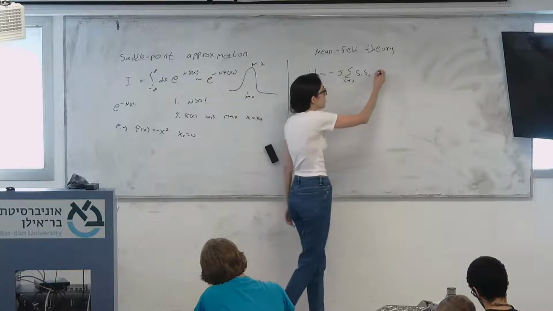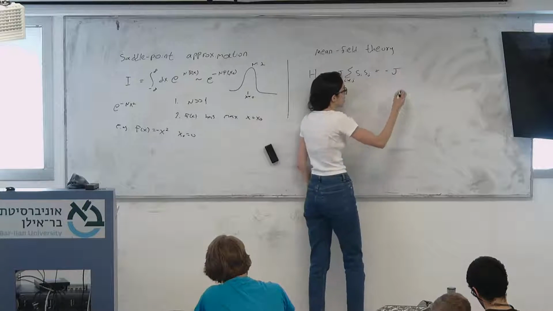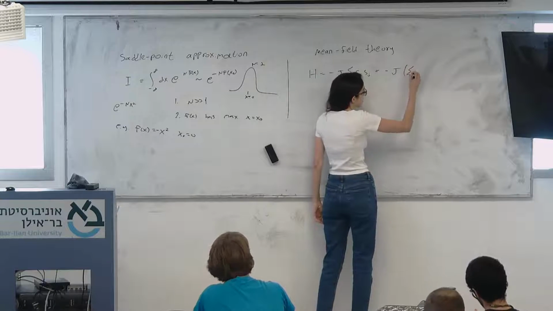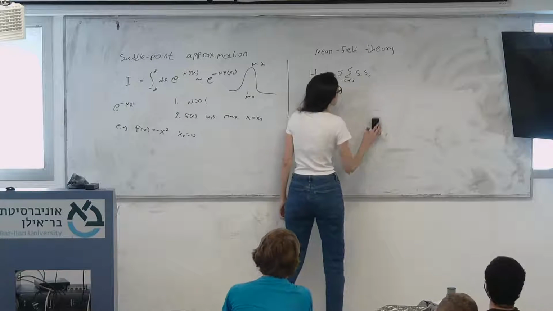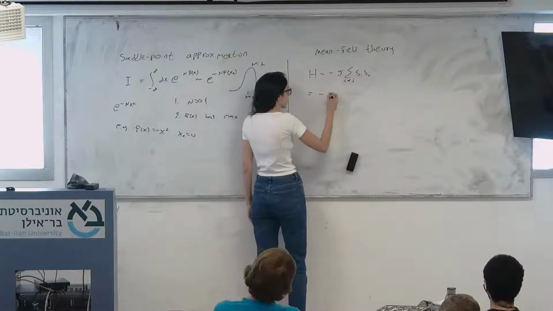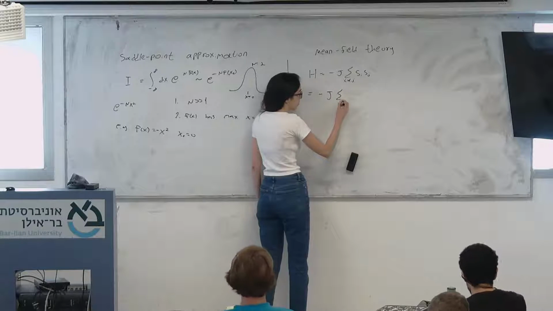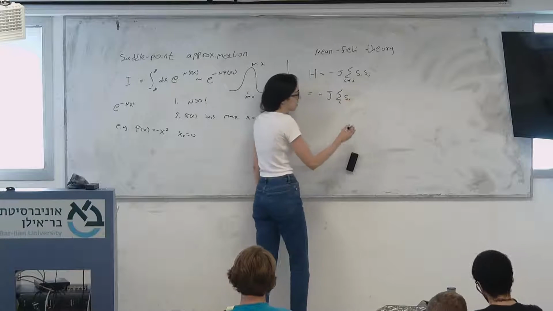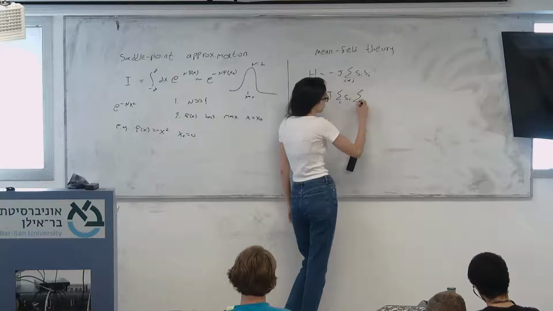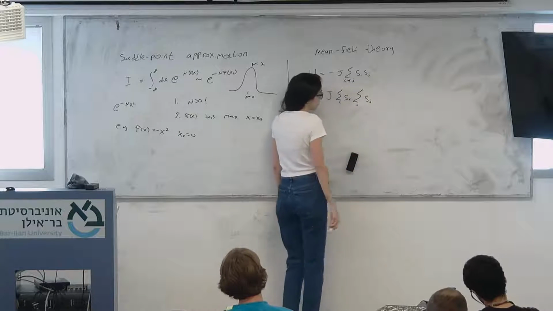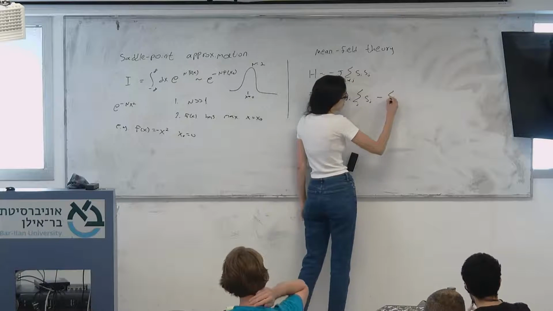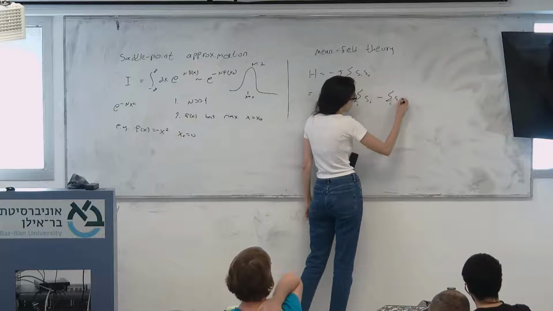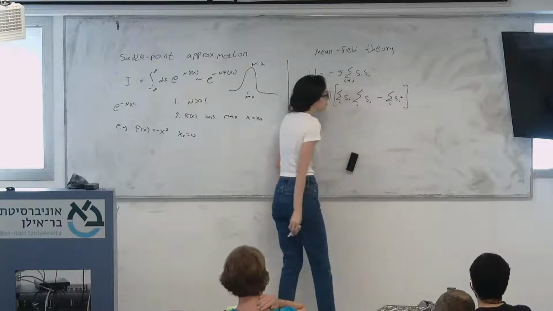We rewrite it as the sum over i of all Si times the sum over j of all Sj, minus the sum of Si squared.